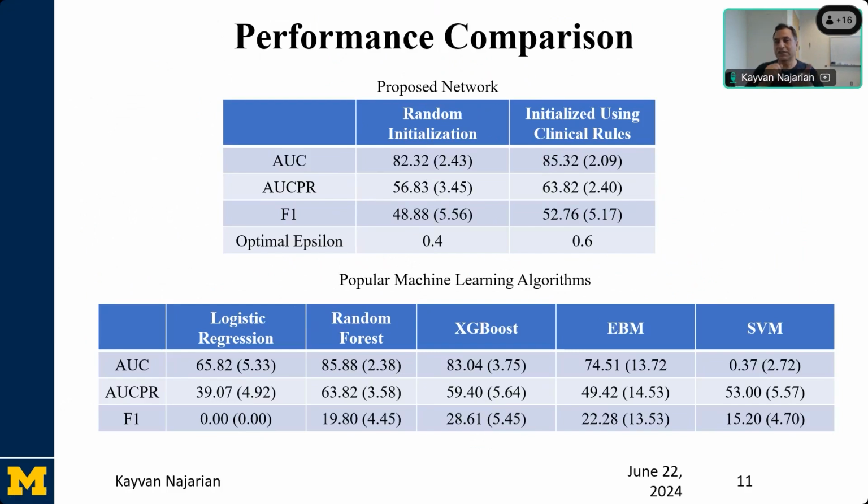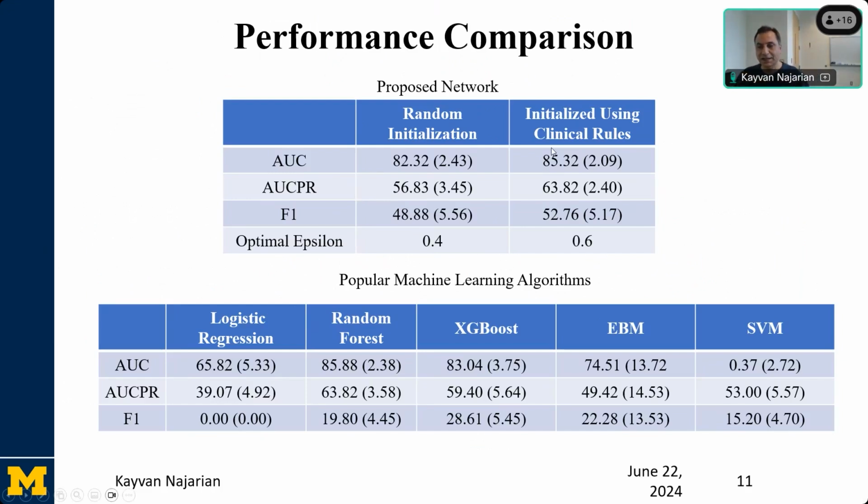We told them, tell us how you make a decision. What are the main rules that you consider when you make a decision about heart transplant versus medication? And they told us, I look at this, if this is high, this is low, whatever. We get that information, and the unique capability of this algorithm is that you can interview clinicians, get the rules that they have, and directly use that to initialize the neural network.